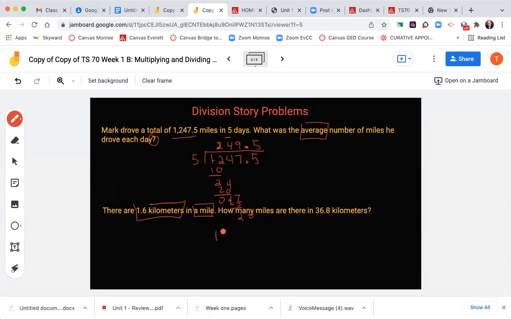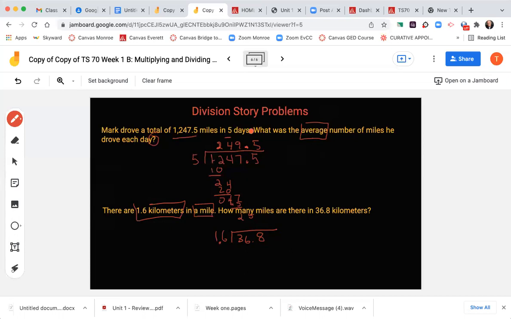So what I would do is I'd be dividing at this point 1.6 into my 36.8. This is a division story problem right here. See, division story problem. So I'm going to divide it into it to find out and just do the math the way we just taught you.